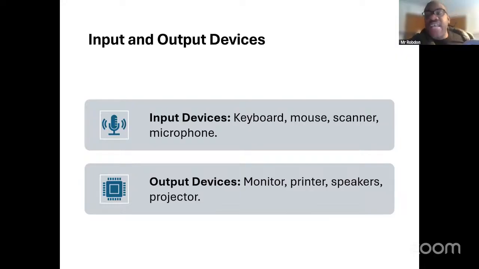So input devices are used to put data, instruction, or signal into the computer. Some examples of those are keyboard, mouse, scanner, microphone. Output devices, the opposite, are used to display output, whether that is sound, like speakers, or to produce hard copy, like in the case of a printer.